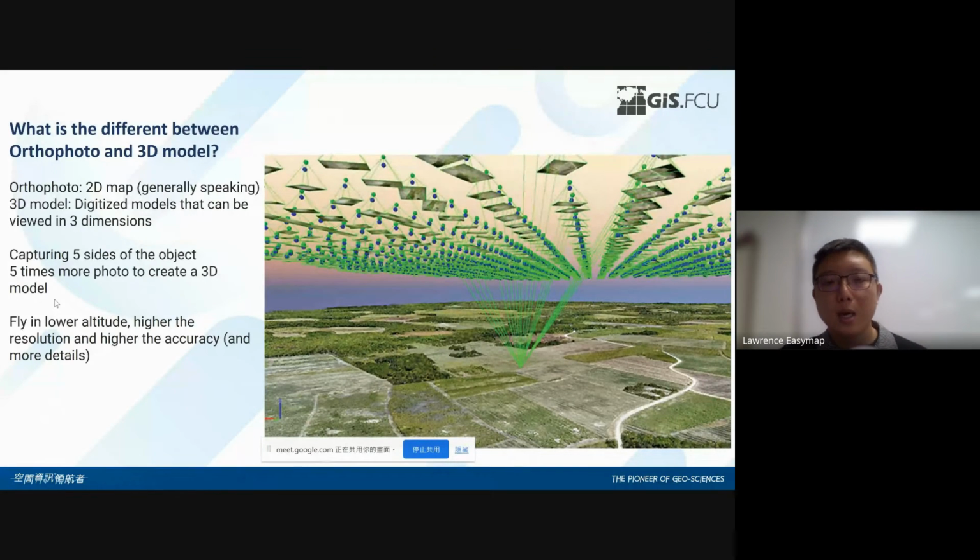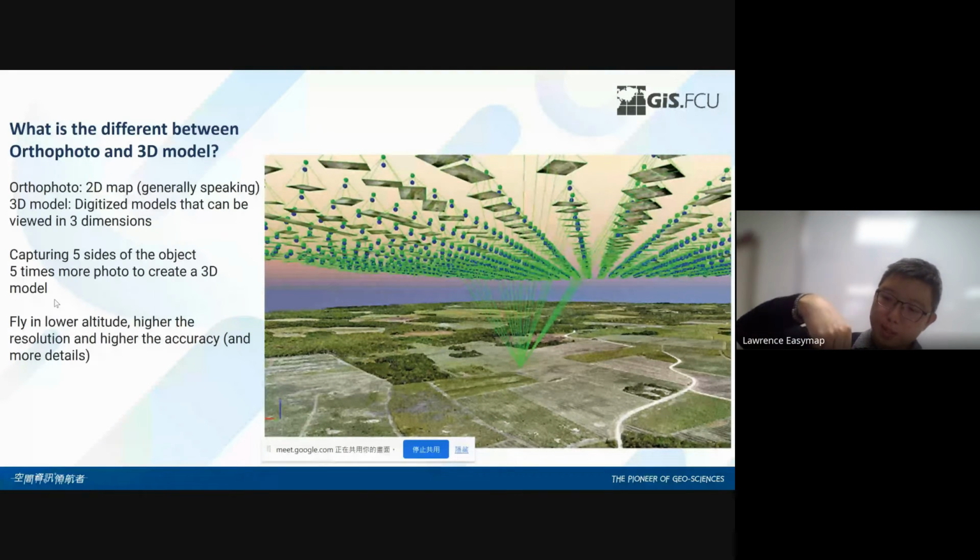It's just like I've got a water bottle here. If I use it on a platform, I can see it from different angles. Because it is a 3D model, you need to take pictures from five sides instead of one side only. I need to take from above, from the left, from the right, the front and back.